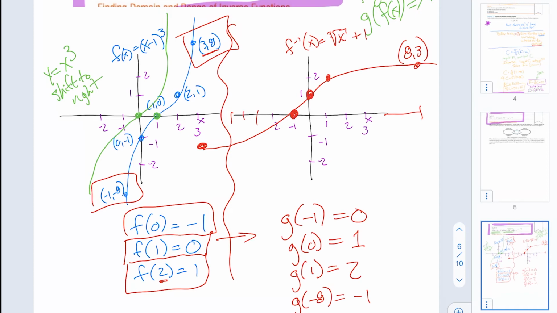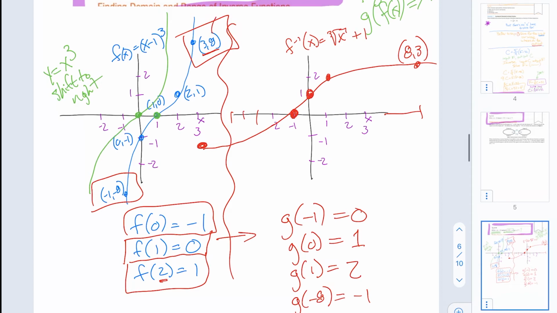And what happens is, typically all you're doing is switching the input and output. So in this case, the 8 is the output and the 3 is the input. So the 3 is on the horizontal axis and the 8 is on the y-axis.